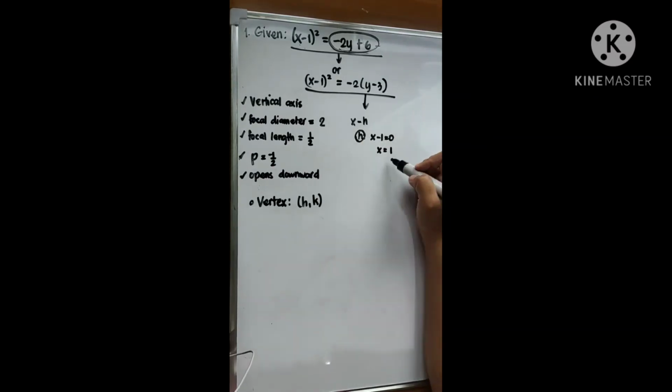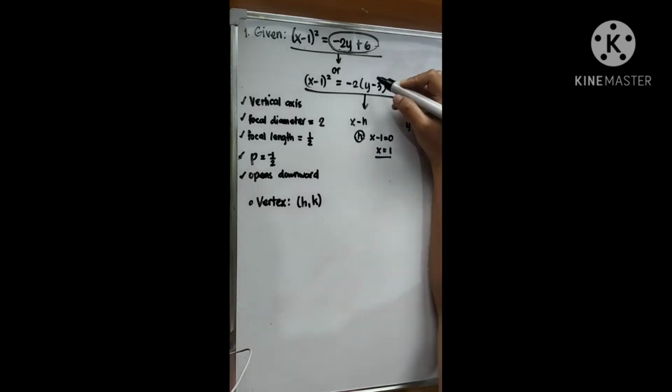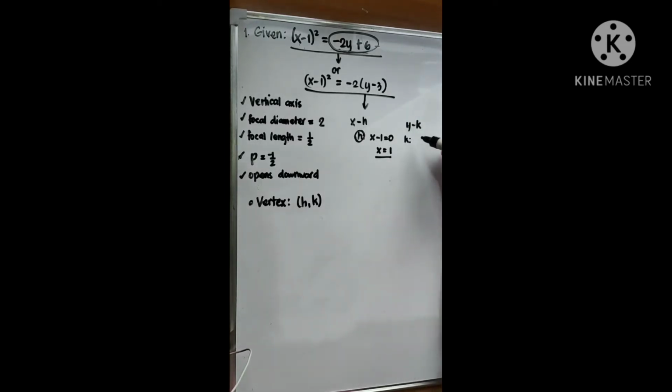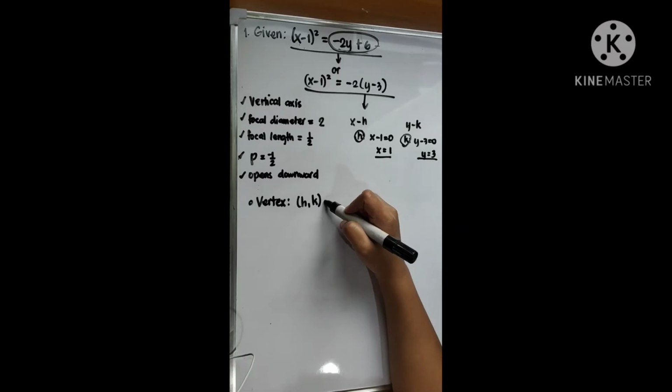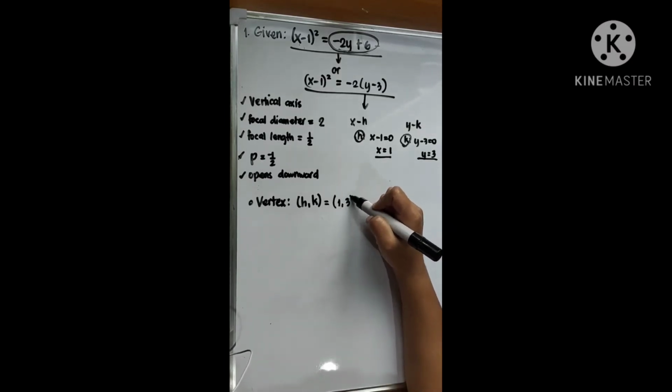Therefore, the value of h is 1. For k, we have y minus k, which is y minus 3. Solving for k, y minus 3 is equal to 0. Thus, y is equal to 3. And so k has the value of 3. Therefore, (h, k) here is (1, 3).